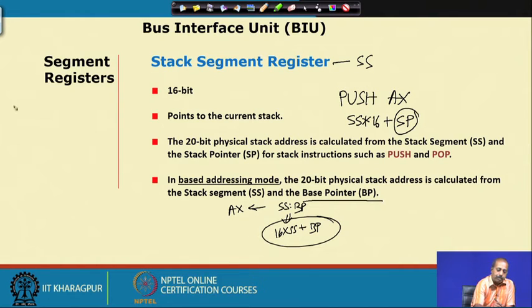Suppose I have a procedure P1 and this procedure P1 has passed some parameters A, B, C to some procedure P2. In the code of P2, we are trying to access these parameters. Suppose we are trying to get into the AX register the value of A that we have passed. How to do this?